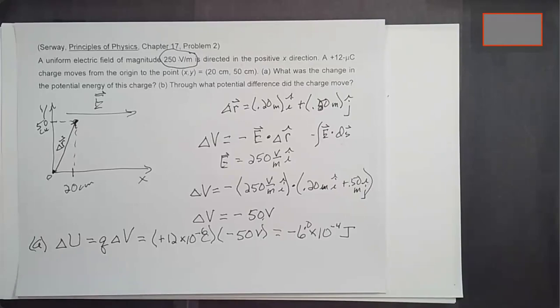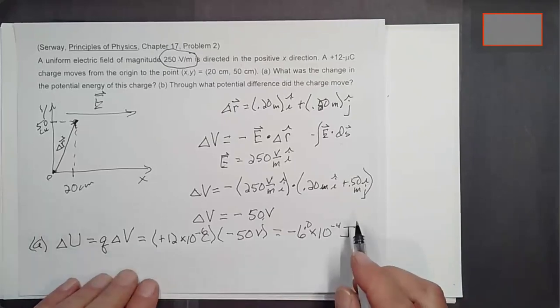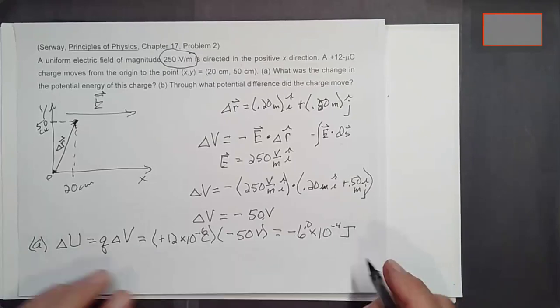Let's see, let's do 12E minus 6 times 50. Yeah, 6.0 times 10 to the minus 4. Okay, so that's part of it.